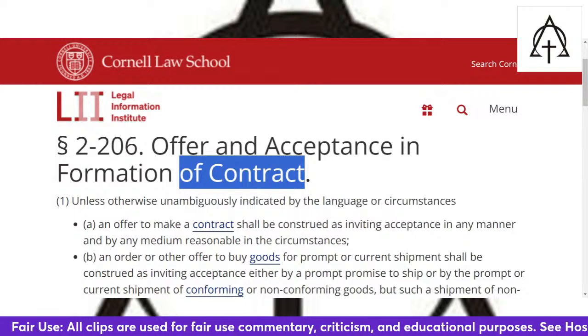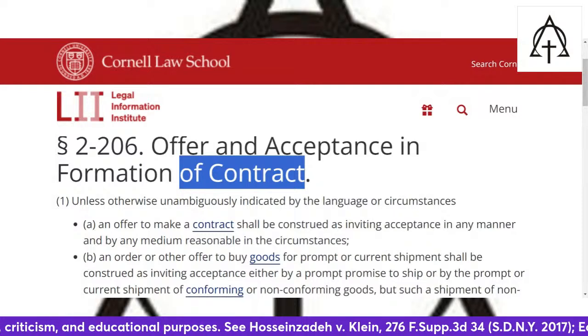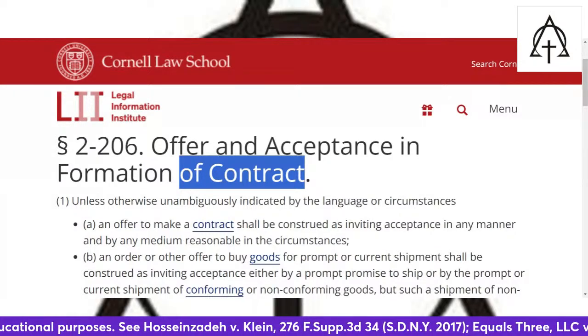Look at the form. They're asking you to sign. Contractors sign.